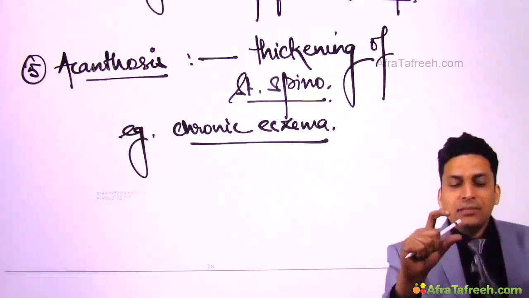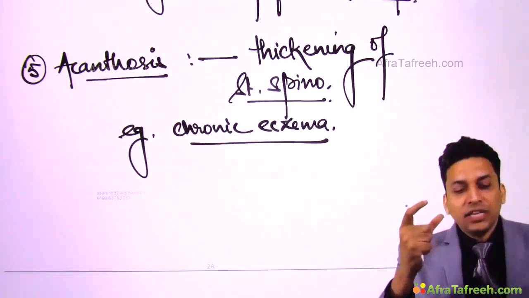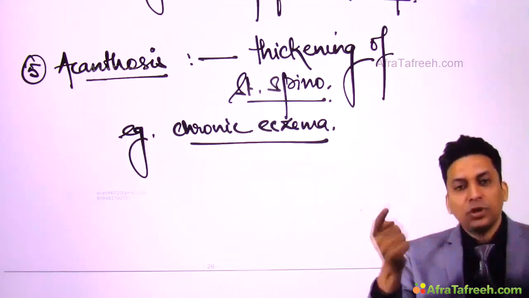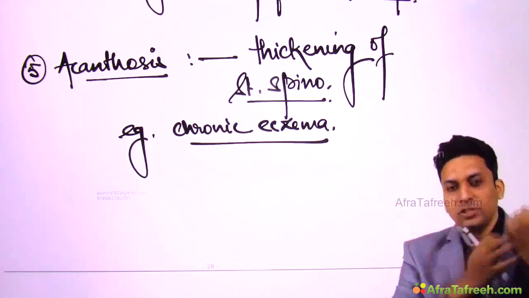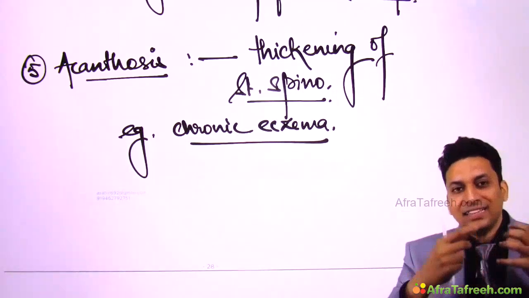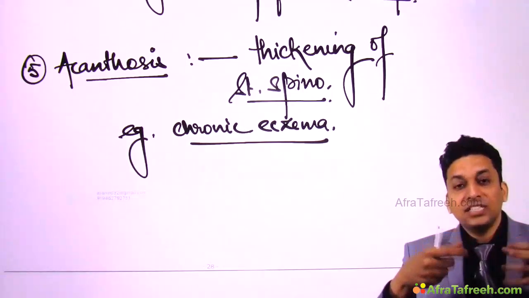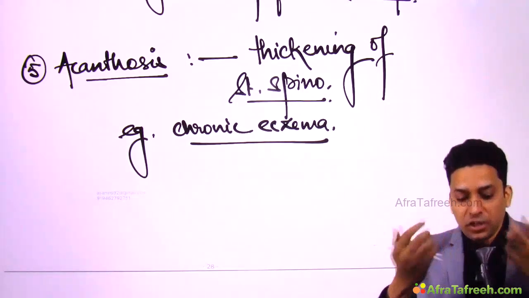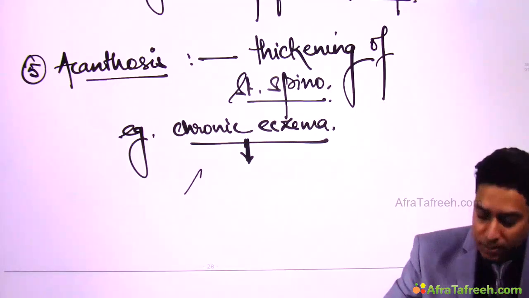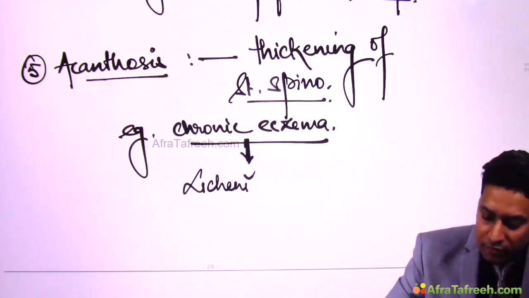I told you eczema lesions are oozing out, but that is acute eczema. When the same eczema lesion persists for many months and years, it becomes chronic. And when it is chronic, what happens? Due to excessive scratching, the skin there becomes thickened. And that thickened skin of chronic eczema is known as lichenified skin or lichenification. So chronic eczema does not present with oozing out lesions, it presents with lichenified lesions.